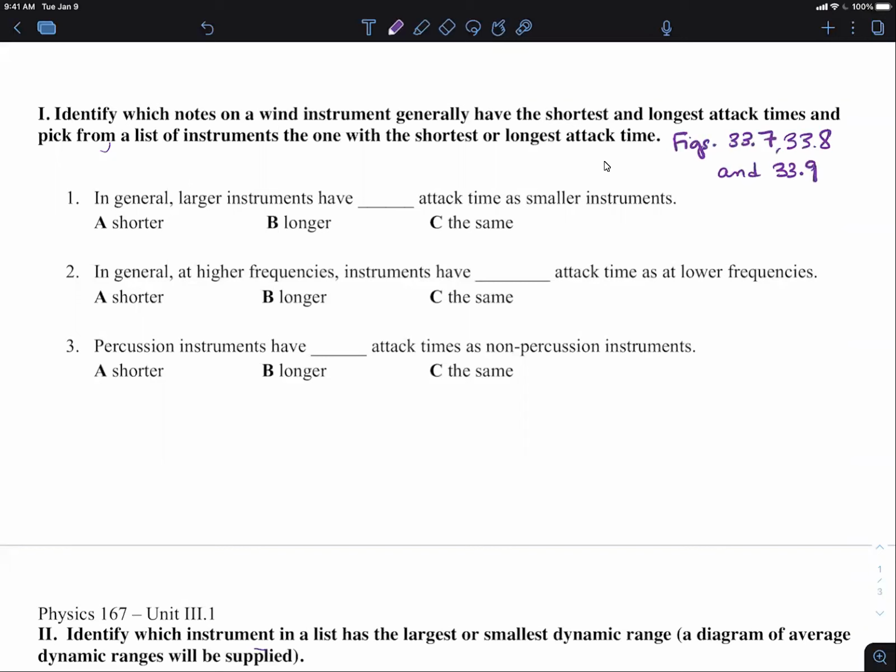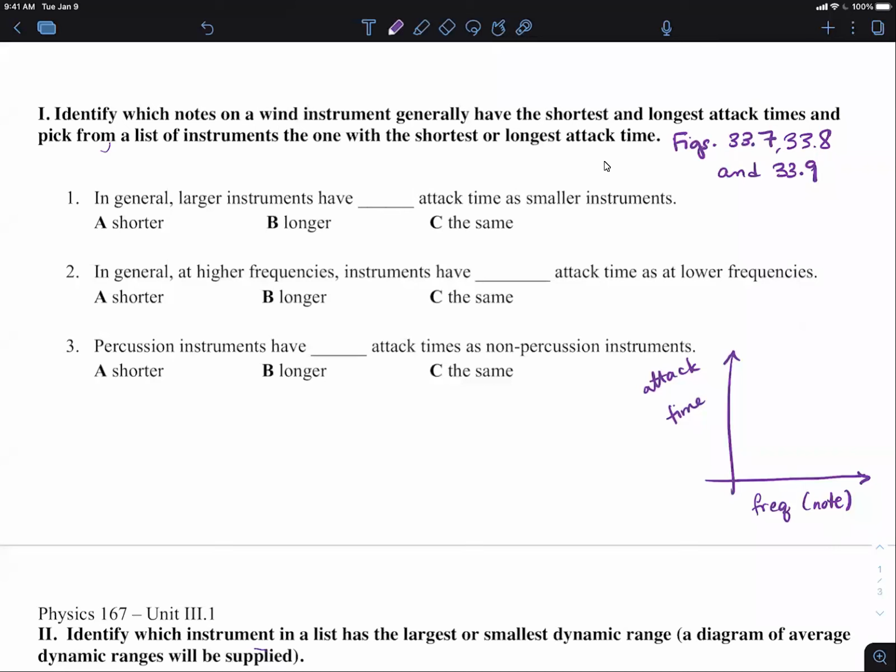They have time on the horizontal axis, they have the note of the scale. So essentially the frequency, the note on the scale on the horizontal axis, and then they have the attack transient time on the vertical. And in general, larger instruments have longer attack times.